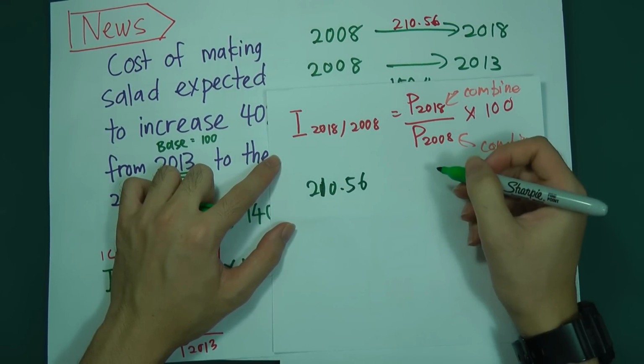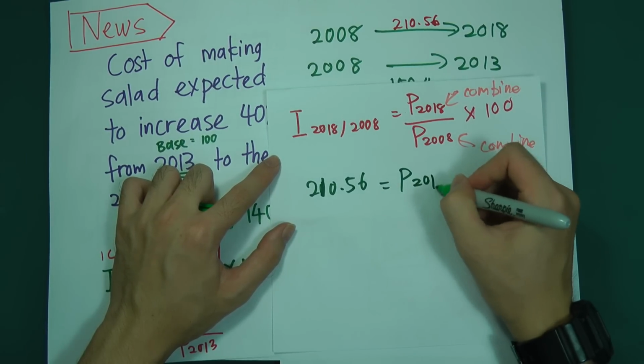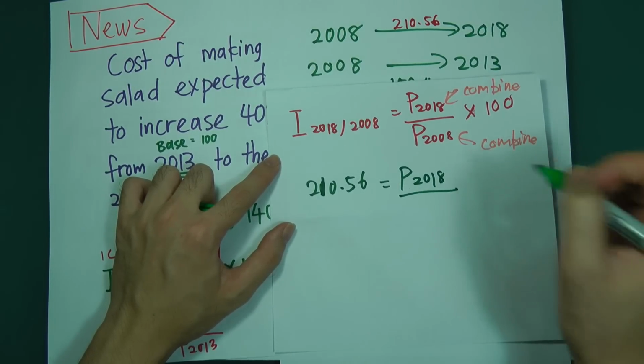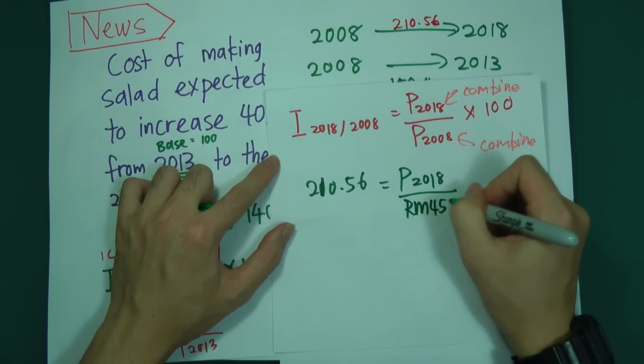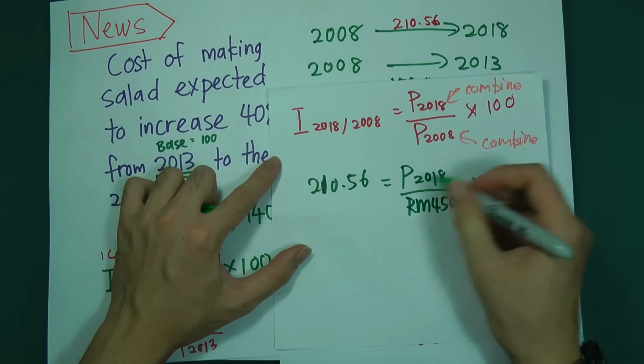Okay, so we got the index number 210.56. We do not know the cost we're going to spend in 2018, but we know the cost we spent in 2008 is 4,500. So we multiply by 100, then we can roughly calculate it out.